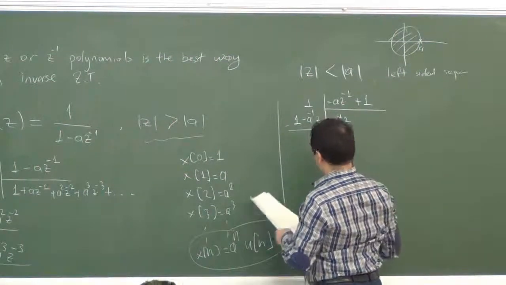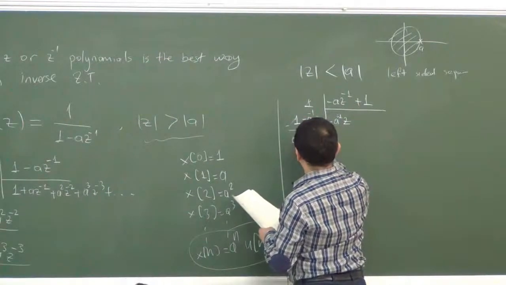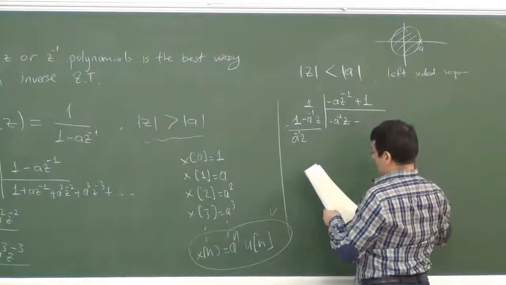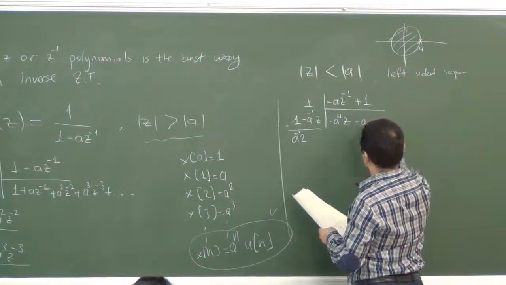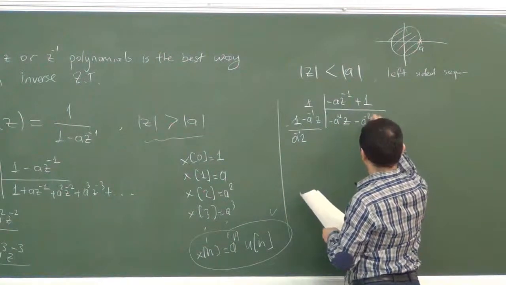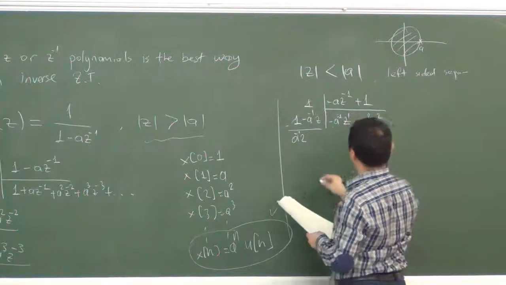So if you do the subtraction, in this case, the ones will cancel and it is a minus 1 z. In order to get this expression, a minus 2 z2. This is z1, simply.